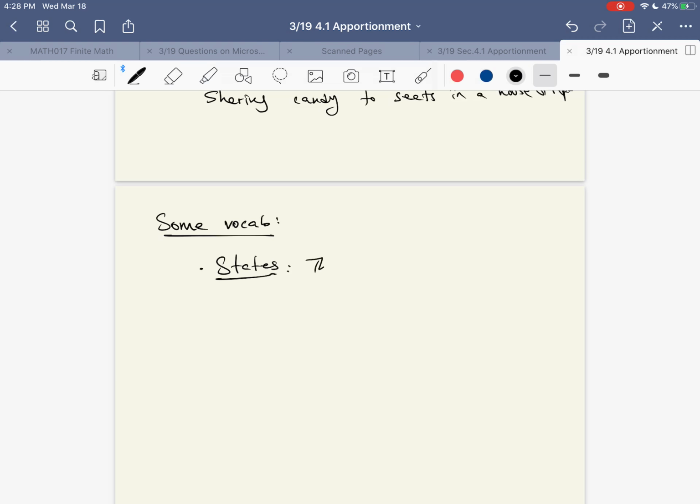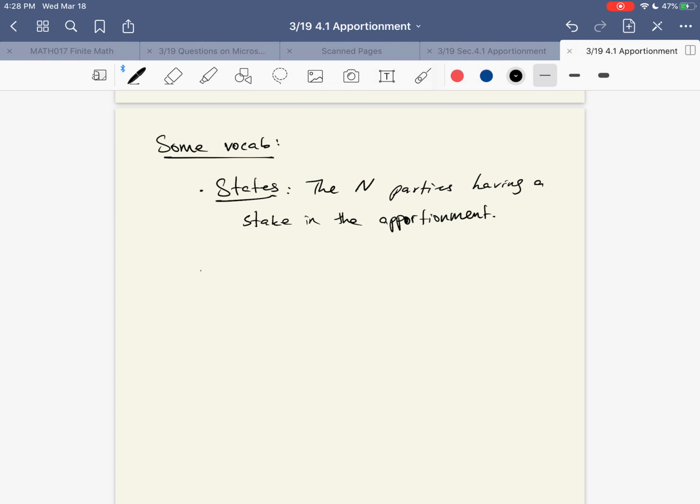These are the N parties having a stake in the apportionment. These don't have to be normal states. They could be countries, in a global apportionment, if that were to happen.